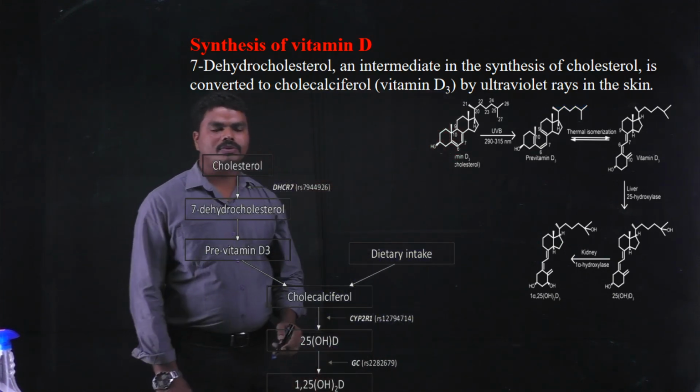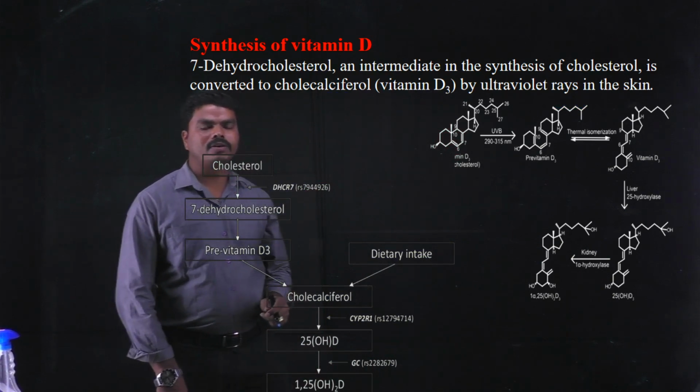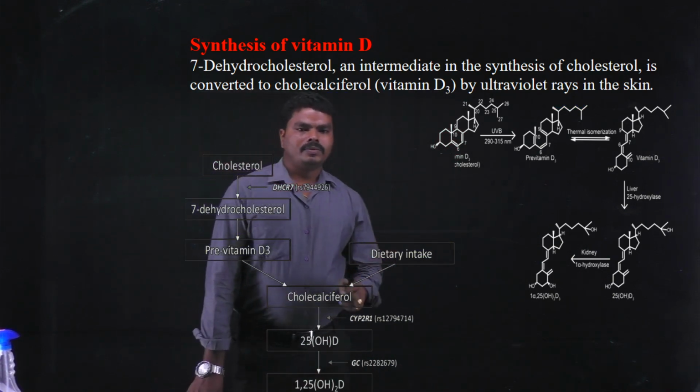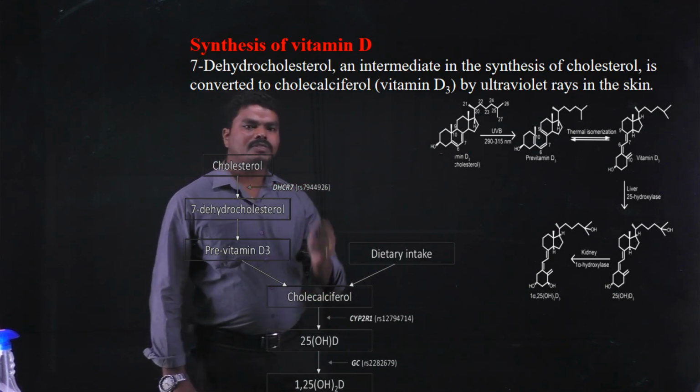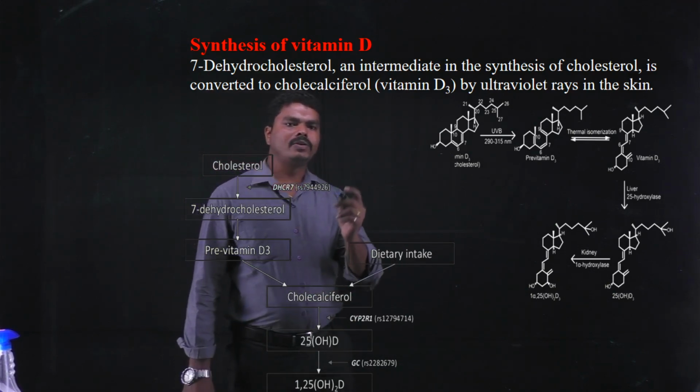Next we will discuss the synthesis of vitamin from cholesterol. During the conversion of lanosterol to cholesterol, 7-dehydrocholesterol is formed.